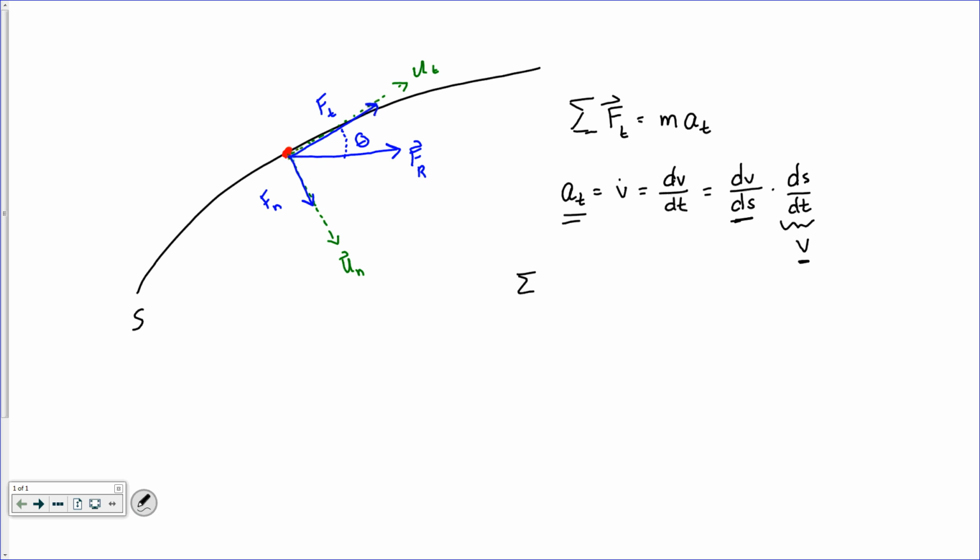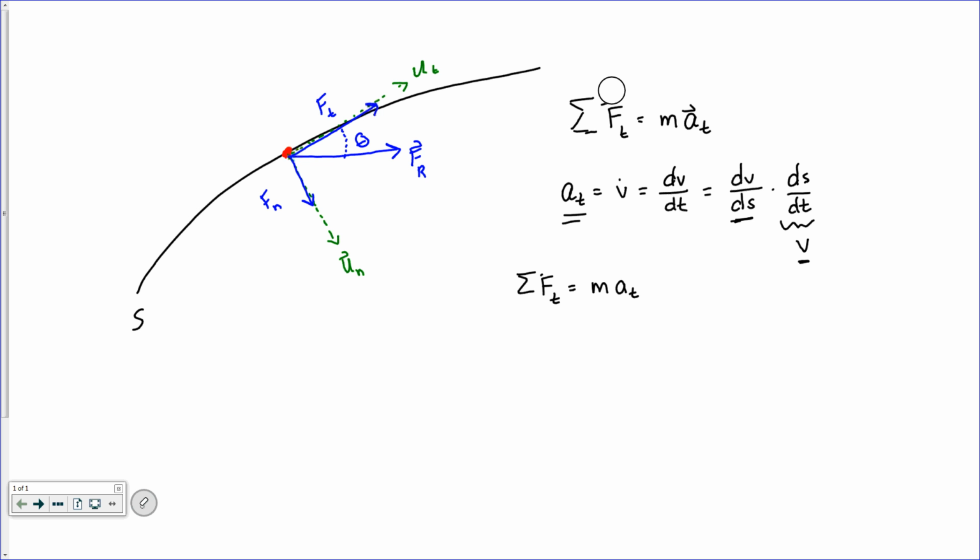So sum of forces in the tangential direction is equal to mass times acceleration in the tangential direction. But because we're only concerned with one direction, I can actually get rid of the arrows, can't I? Because it's only a scalar equation at this point once I determine what direction I want to bring this in.